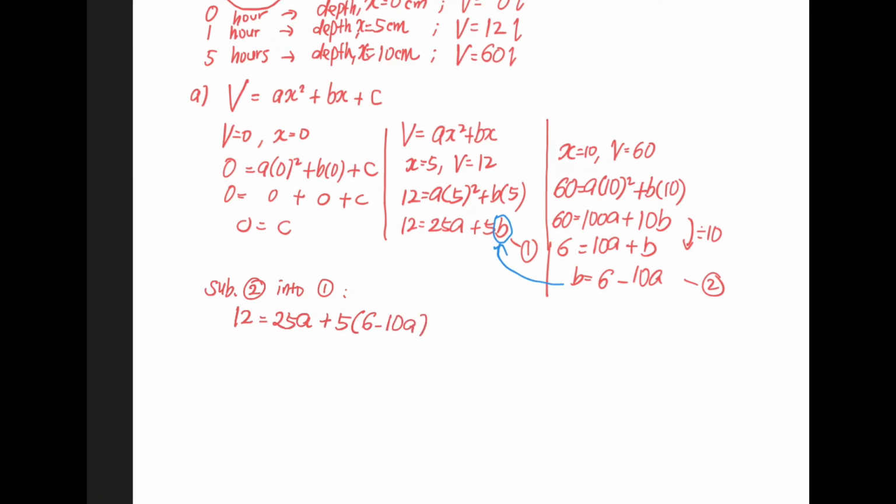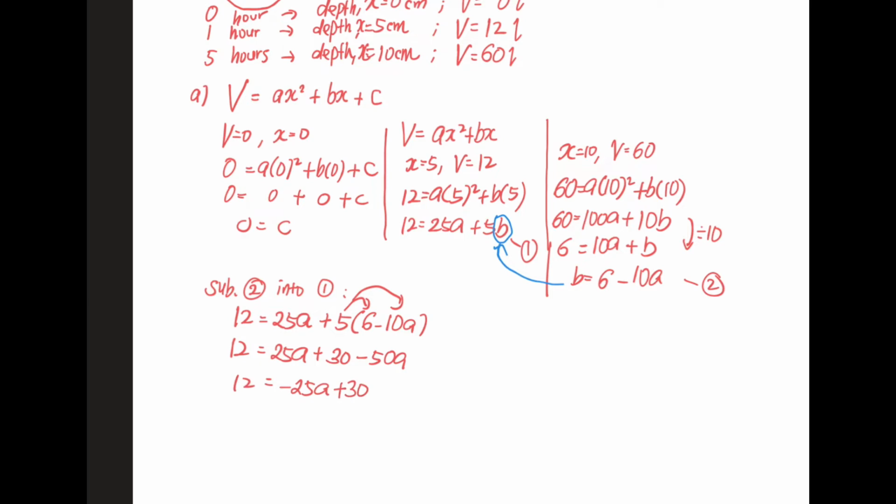So I need to count the values of a, of course. So I just continue doing this. Multiply with 5, so I get 30 minus 50a, 12. Then I just need to solve the equation. So 25a minus 50a, I get negative 25a plus 30.